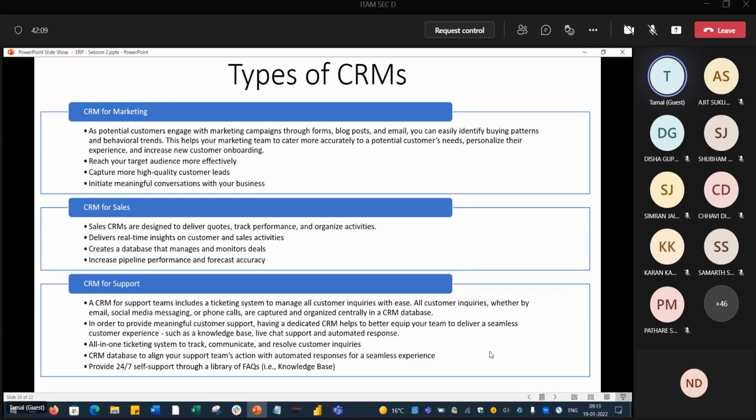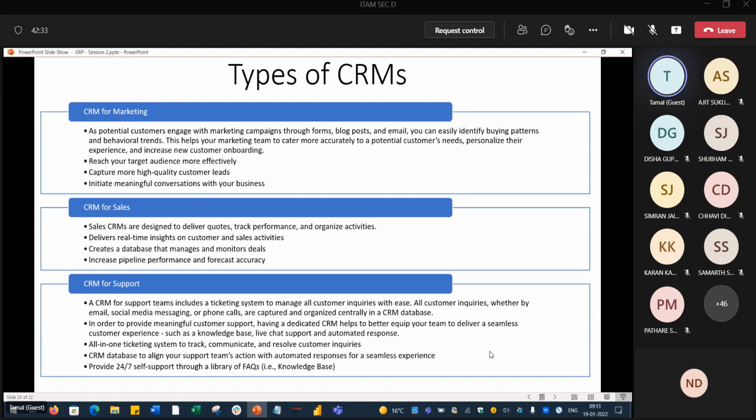So there is a different support CRM which you can take separately to make the upfront expense less. Suppose you are not selling anything, only supporting. So you don't need marketing or sales. You need a call center which will support only. So you take Salesforce support, and it will cost less as well.